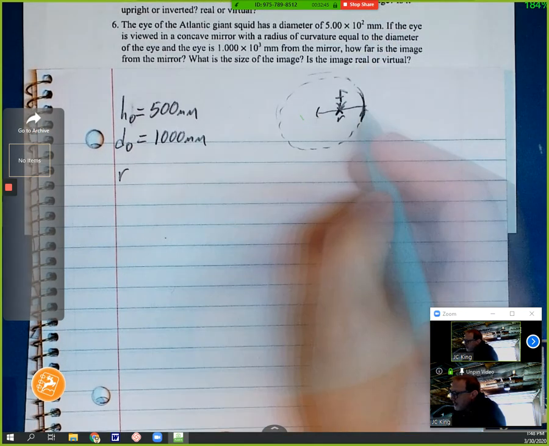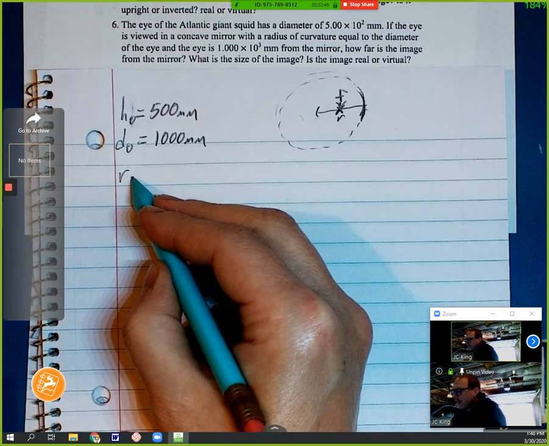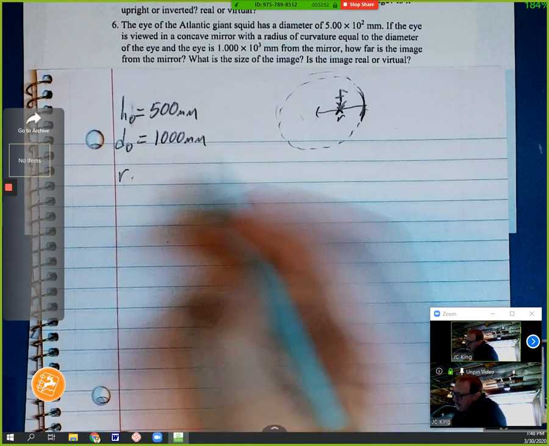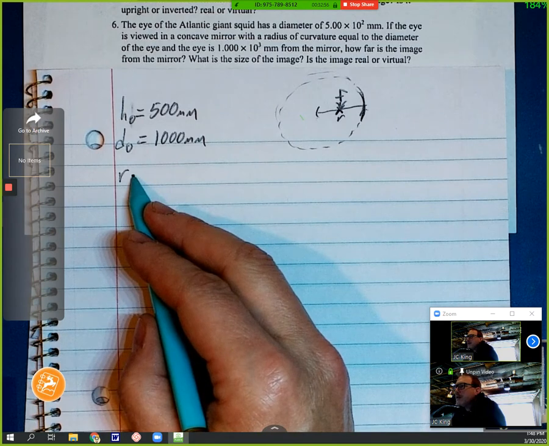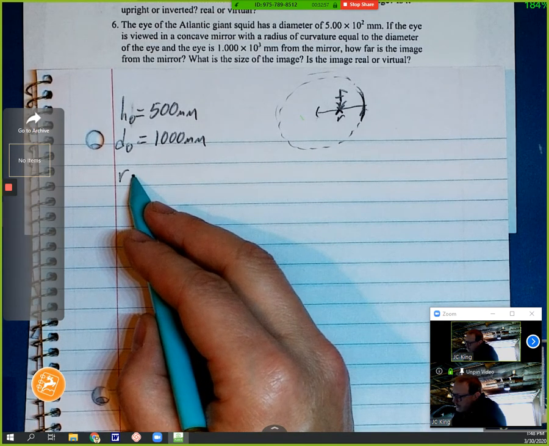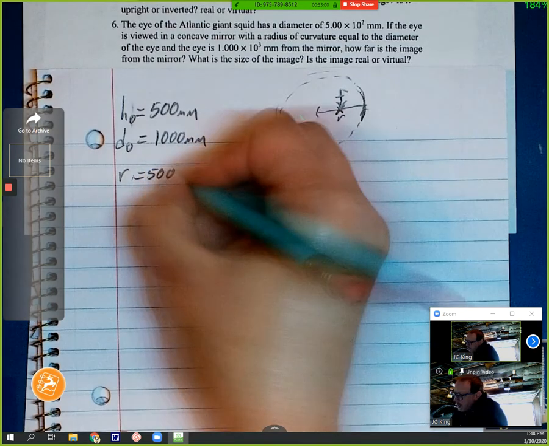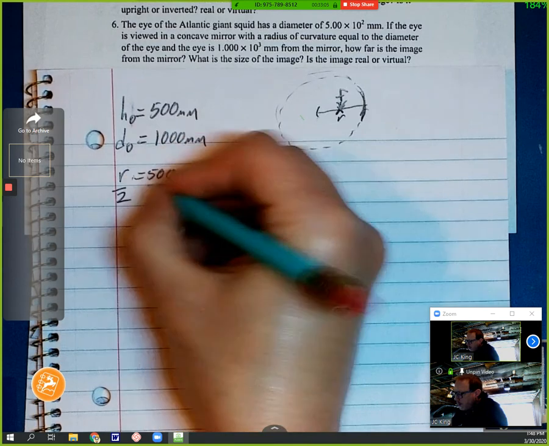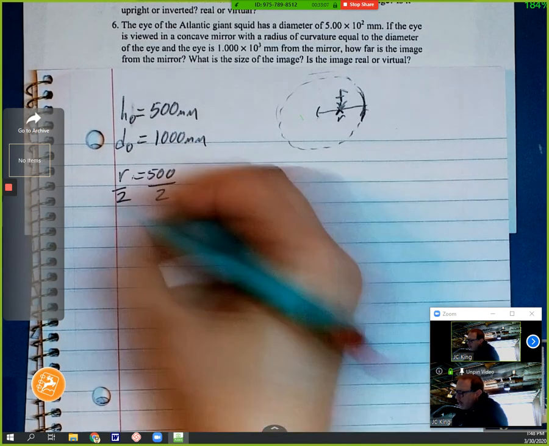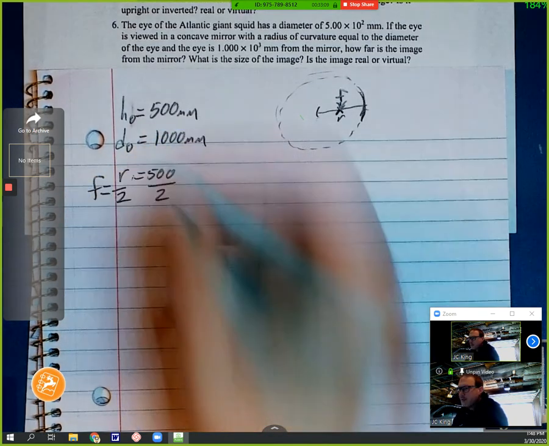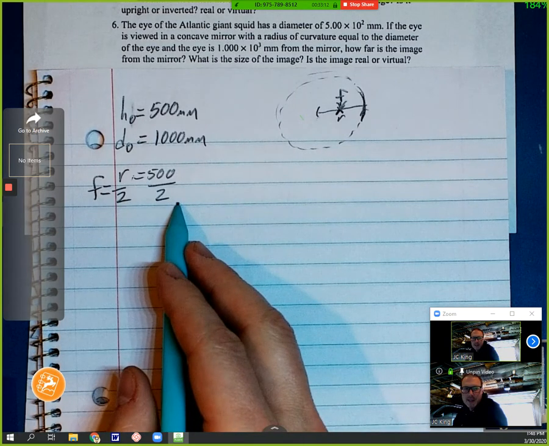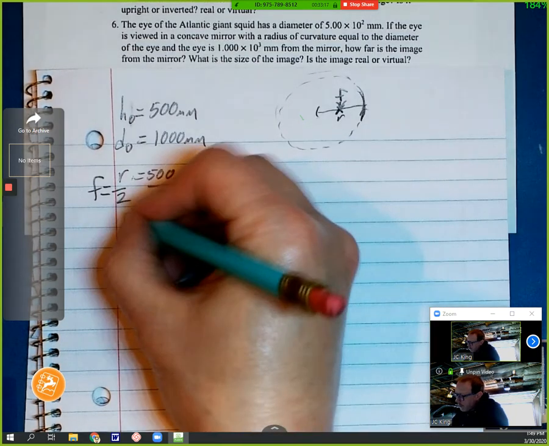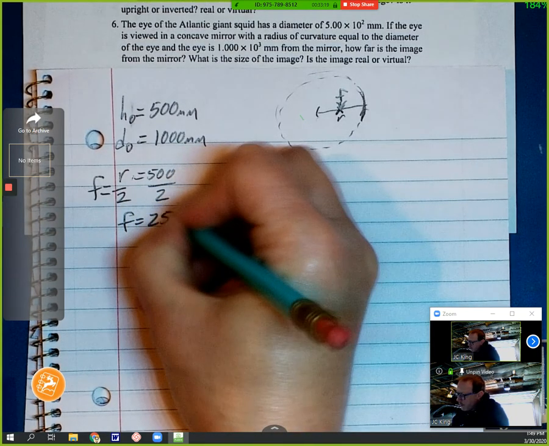So whatever they give us for radius, we can just take that and divide by 2 to find our F. Okay, so if this right here is equal to the diameter of the eye, and the diameter of the eye is 500, therefore, R divided by 2 is going to give me F. So if F is R divided by 2, 500 divided by 2, that means that my focal length is going to be 250 millimeters.